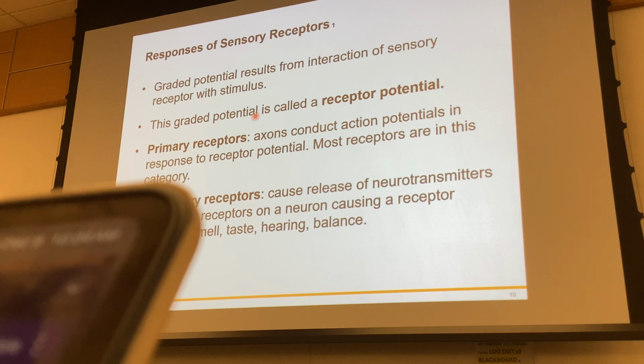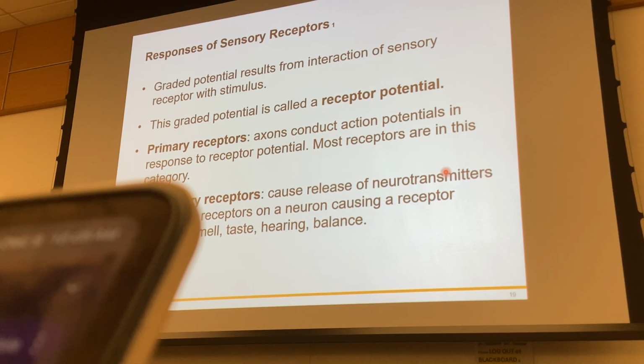There are different types of receptors that we have in our body. There are primary and secondary receptors. Those primary receptors are going to be the ones that are responding to individual stimuli, and secondary receptors are the ones that send signals further down the line. Those secondary receptors cause the release of neurotransmitters.